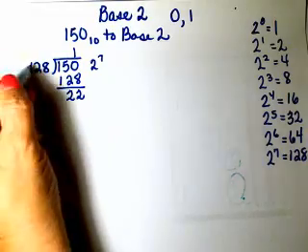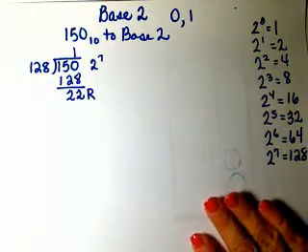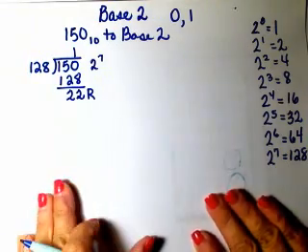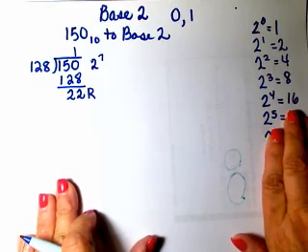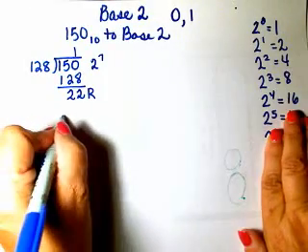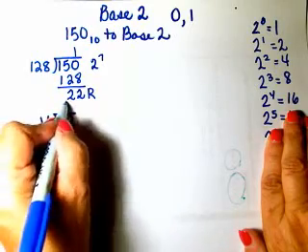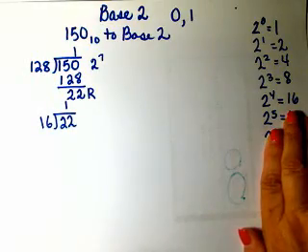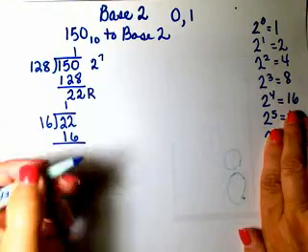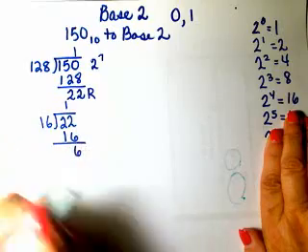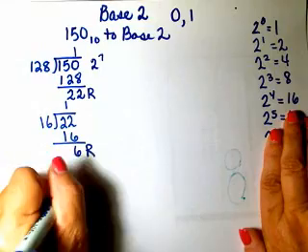Okay, 128 won't go into that, so it's remainder 22. Okay, so now let's go to 22. So the largest power that goes into 22 is 16. So 22 divided by 16 goes 1 time, and 16 times 1 is 16, and subtract and get 6, remainder.